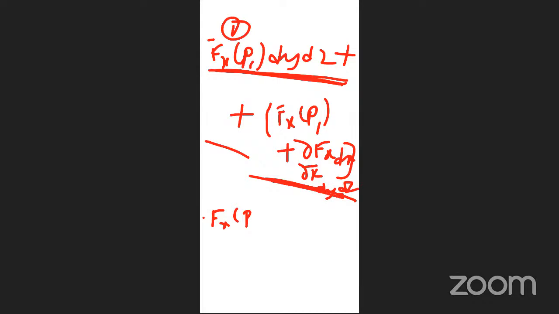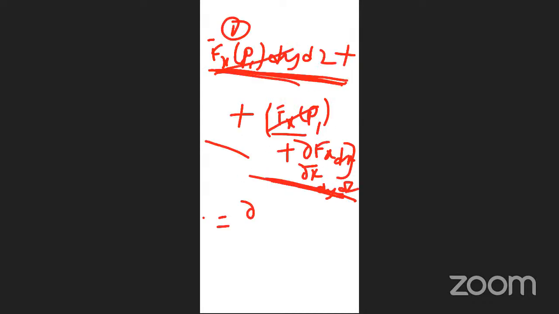Then simplify: the Fx at P1 terms cancel each other. The final value is ∂Fx/∂x dx dy dz. Okay, this is only for one cube and only the x-direction value.